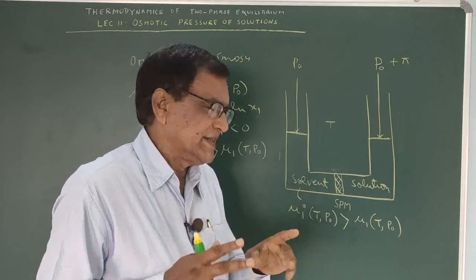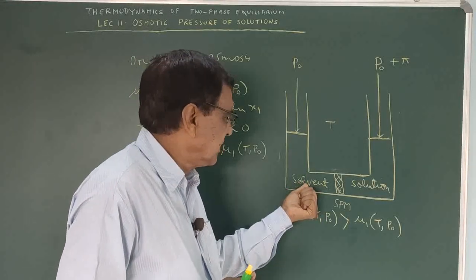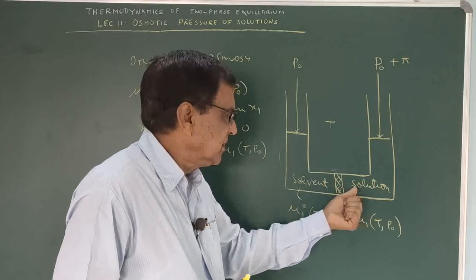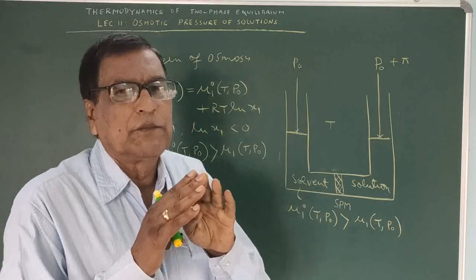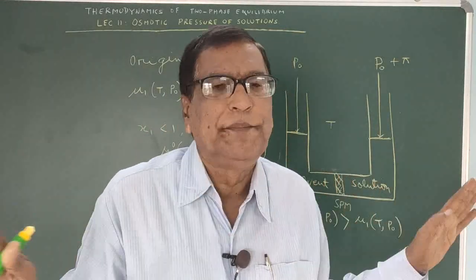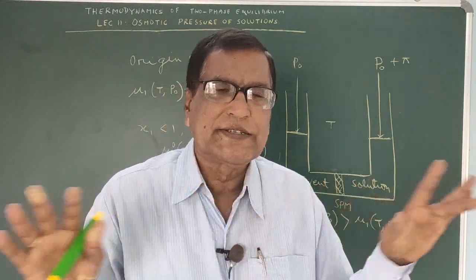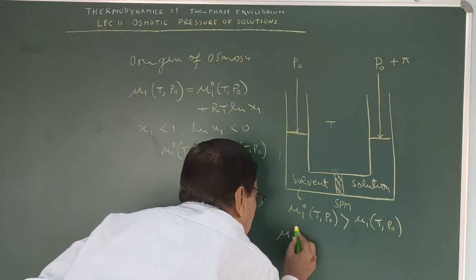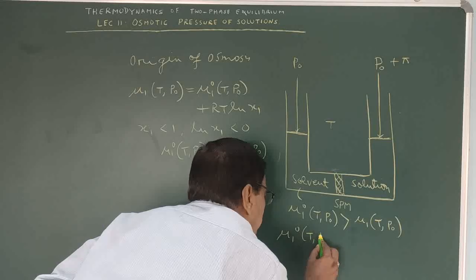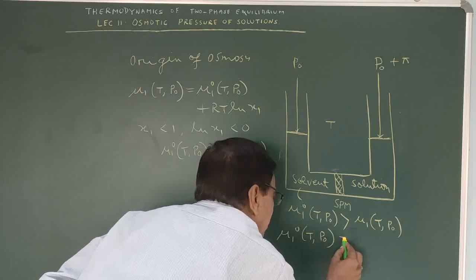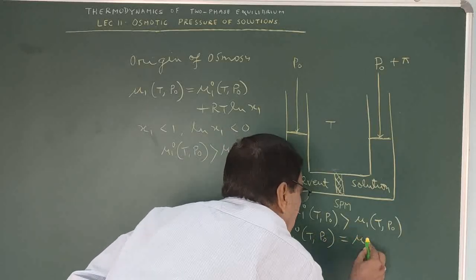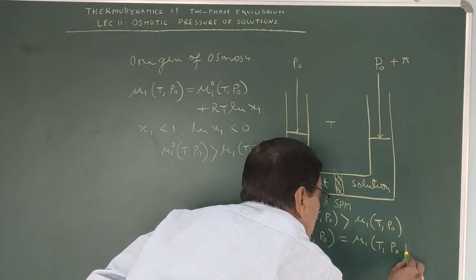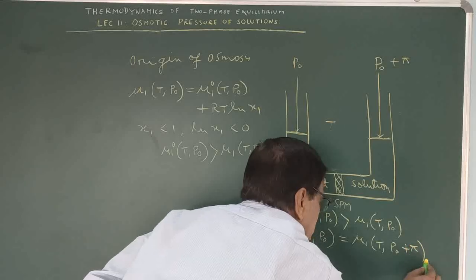In that case, the solvent in pure state and the solvent in solution are both at equilibrium, and the condition for this equilibrium is that mu1 naught at T and P naught is equal to mu1 at T and pressure P naught plus pi.